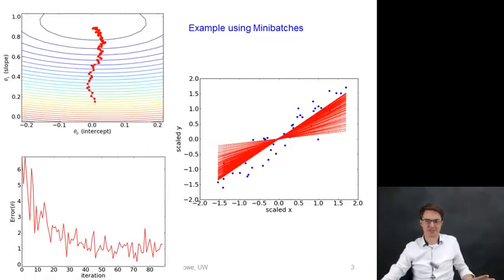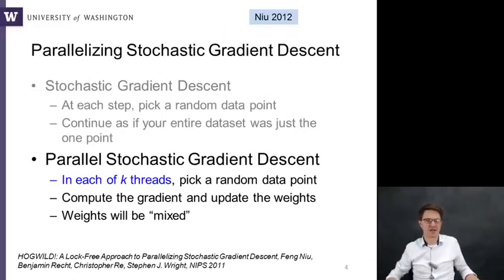So the result could be nonsense, but it turns out that it's not nonsense and it could actually converge. Some folks have shown, a couple of different groups more or less independently, and the paper I've cited here is the one I'd recommend, an approach called Hogwild. These authors named their approach Hogwild, which is to parallelize stochastic gradient descent: in each of the threads, in each of the independent processes, start updating the parameters using a random data point, and you can apply this to mini-batches as well.